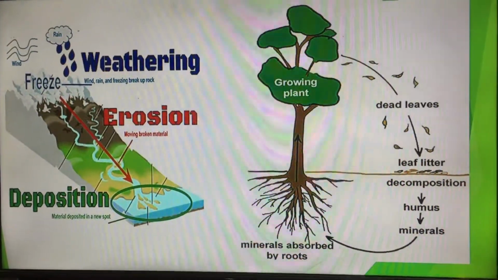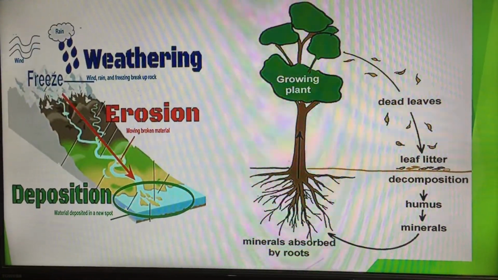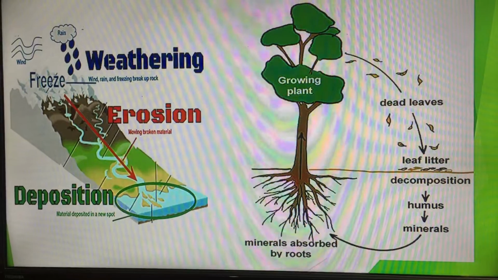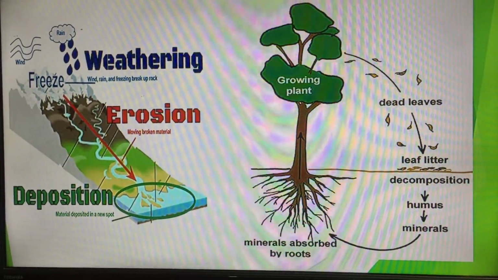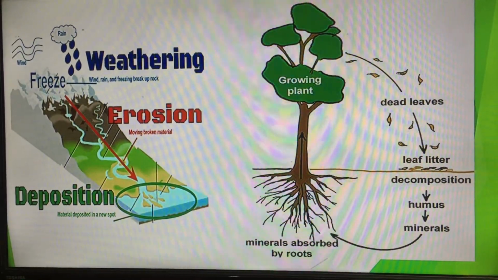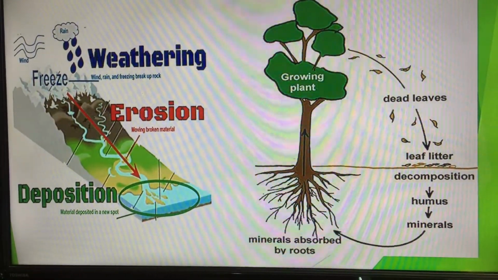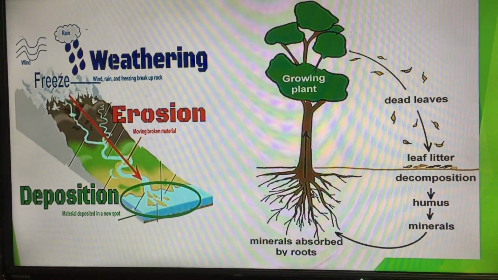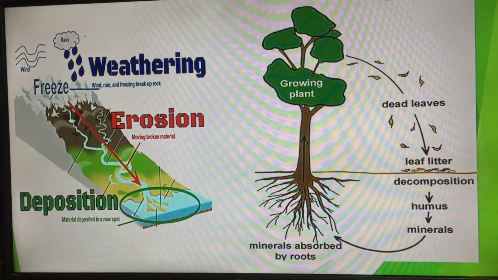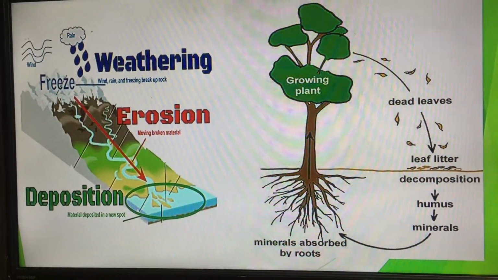Okay. The next example is decomposition. We all know that when the leaves of plants fall onto the ground, they will be decomposed in the soil, so the decomposers will act on them. After that, it will be buried and it will become humus.